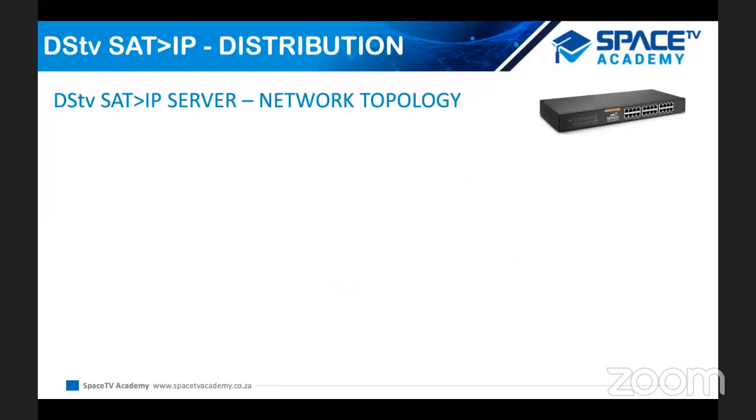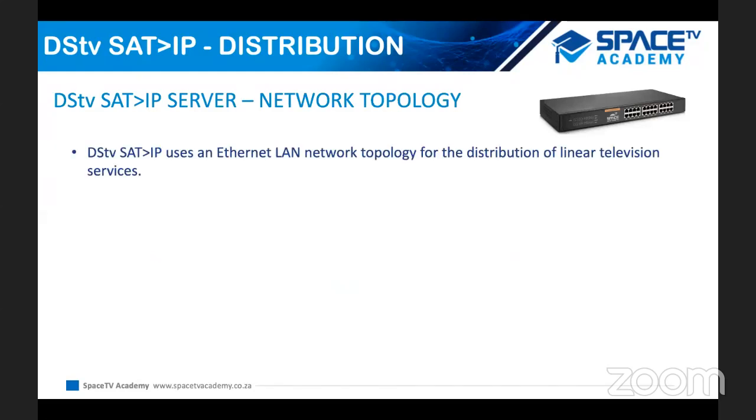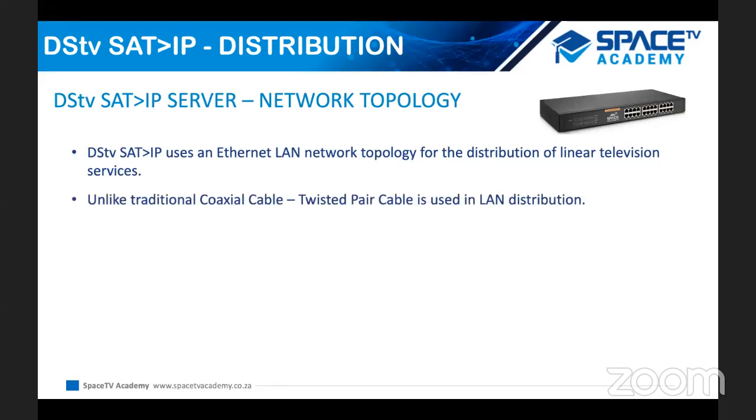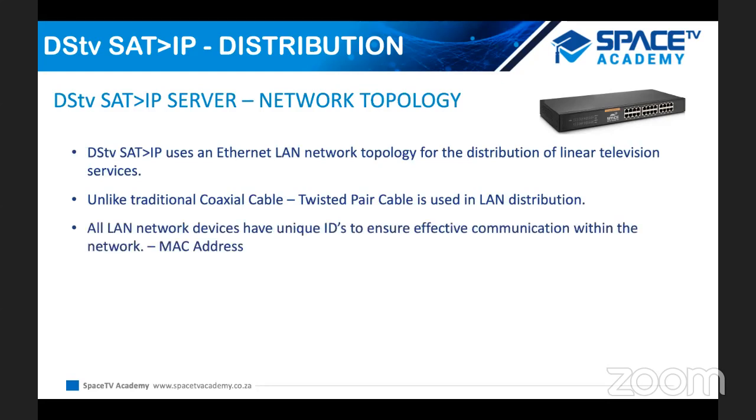The DStv SATIP uses an Ethernet LAN, which is a local area network topology for the distribution of linear television services. Unlike traditional coaxial cable, twisted pair cable is now used in a LAN distribution.